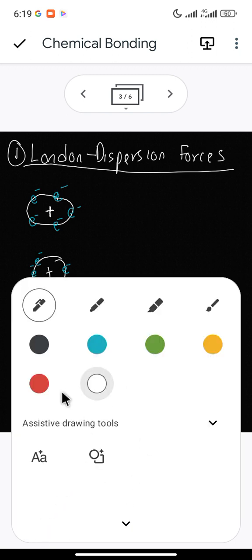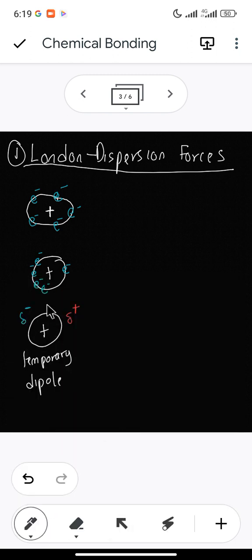Now, if you place another atom beside this temporary dipole, the atom is non-polar, but because you place it in the presence of this temporary dipole, it is going to make this particular atom become polar.